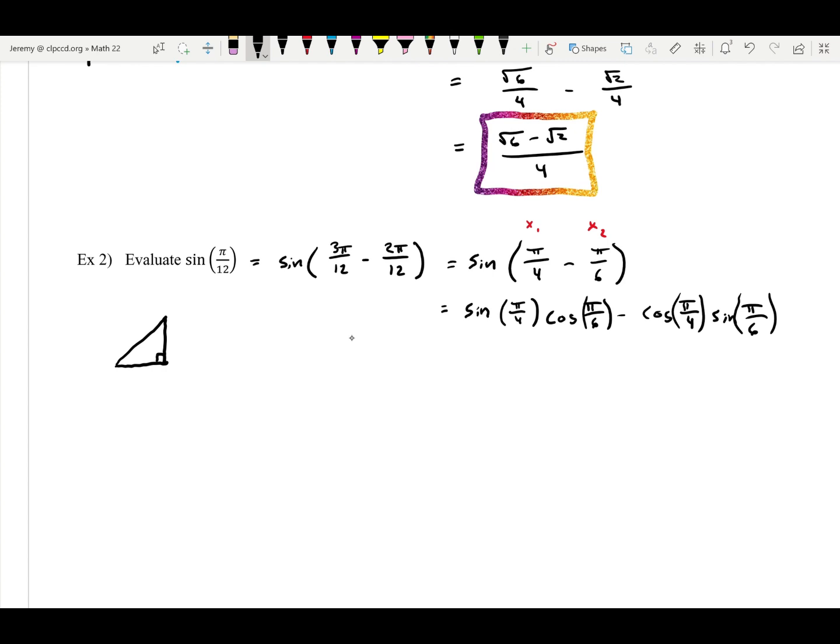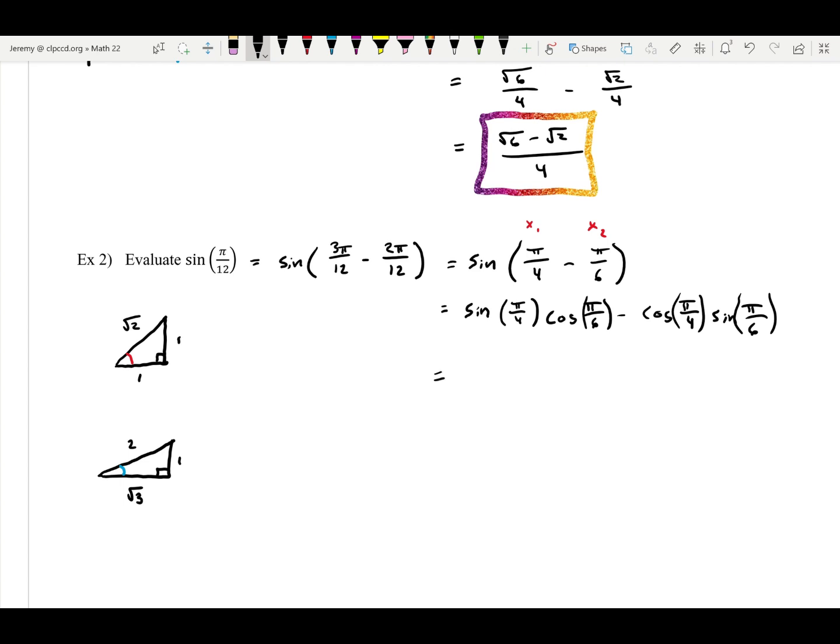Remember, the side lengths for this are 1, 1, root 2, and then the 30, let's see, so pi over 6, that's 30 degrees. So drawing a 30, 60, 90 triangle looks like this. The side lengths are 1, 2, root 3. Right, there's pi over 4. There's pi over 6.